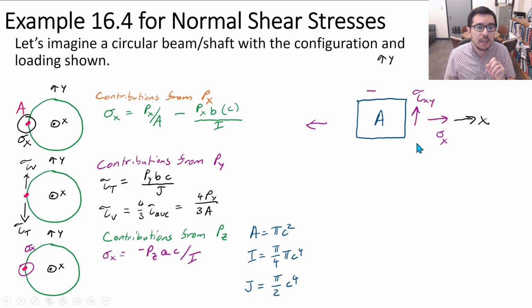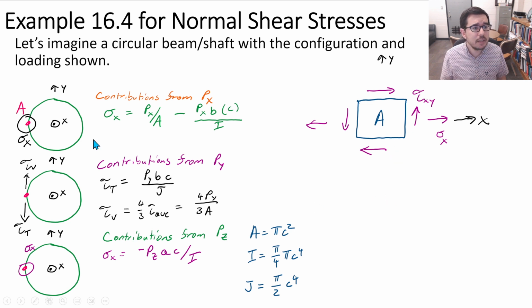And to keep things in equilibrium, I had to draw these other shear stresses as well. So this is what a conventional element would look like, with one axial stress with shear stress acting on it in this plane.